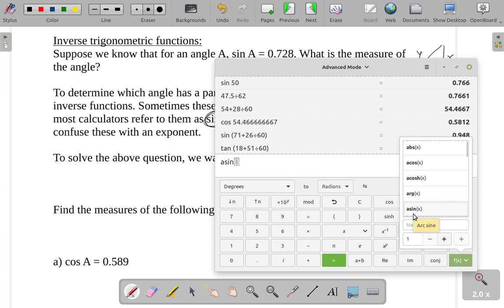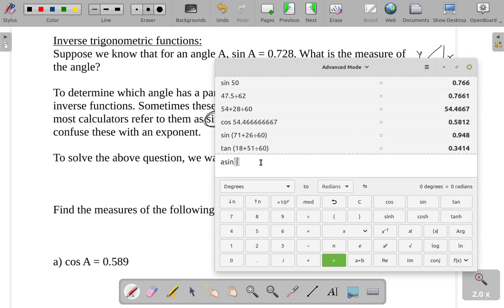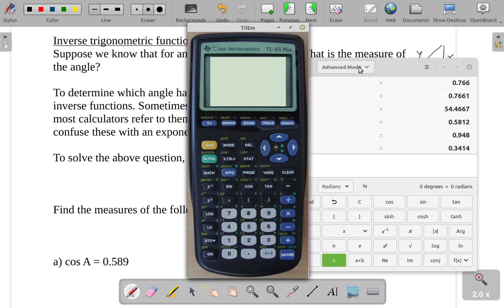That's how I'm going to do the inverse sines on this calculator. On a graphing calculator like this one, it's kind of hard to see here, but it's in yellow. Right here, it says sine with a -1 there. So I would do inverse sines using that on this calculator.